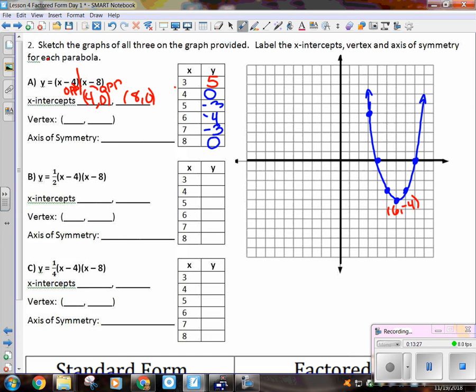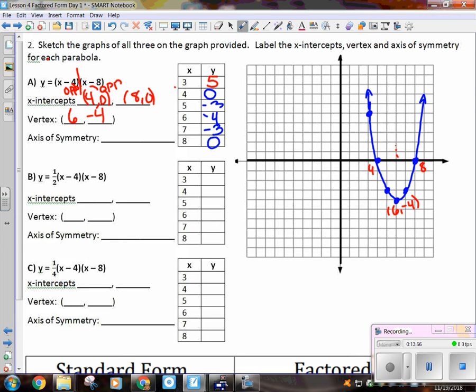So 6 down 4 would be my vertex. 6, negative 4. Now, if you had to come up here and draw a line where you would physically fold the paper to where the left hand matches the right hand, where would you draw it? Wouldn't it be exactly in the middle between the 4 and the 8? Aren't those our x-intercepts? What's located halfway in the middle between 4 and 8? 6. Does everybody agree with that?